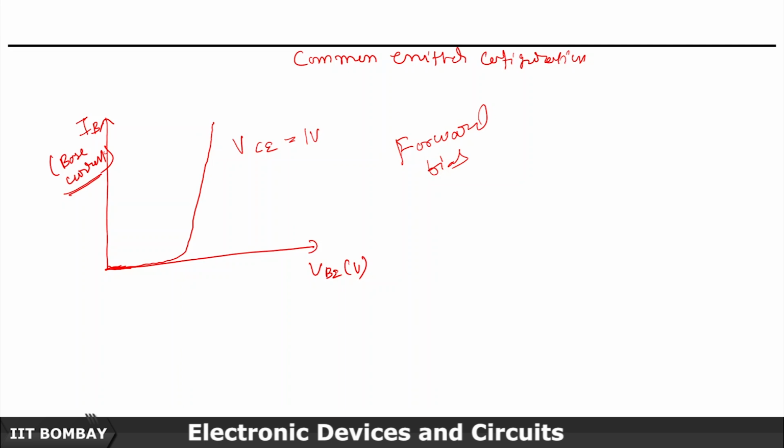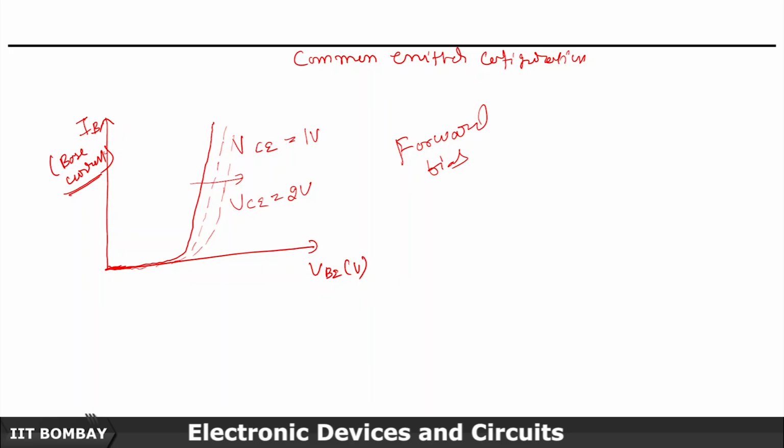But there is a different thing. If you increase the VCE, reverse bias voltage, what you get here is something like this. So this is a higher VCE, let's say, right? So this curve is shifting in this direction, which is very important.